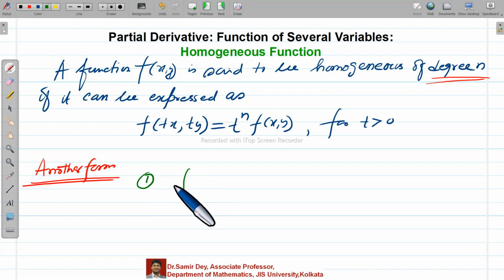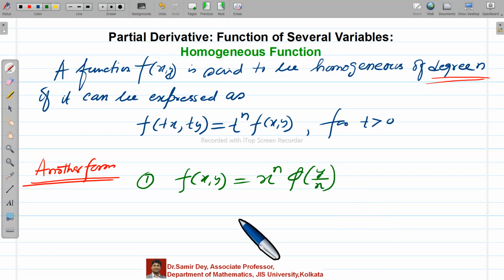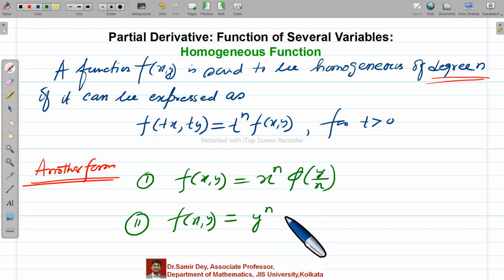Number one, f(x,y) equals x to the power n phi of y by x, or another form, f(x,y) equals y to the power n psi of x by y. If it is possible to express into this form, then you can say the function f(x,y) is a homogeneous function of degree n.